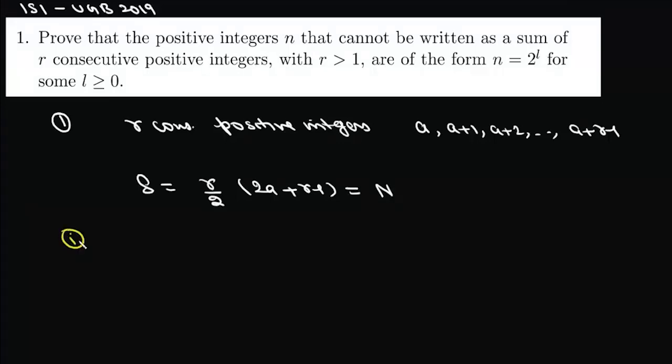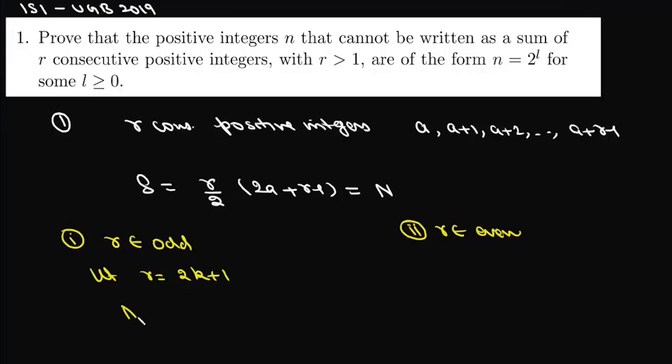Case 1, when r is odd, and second case, when r is even. When r is odd, suppose r is of the form 2k plus 1.